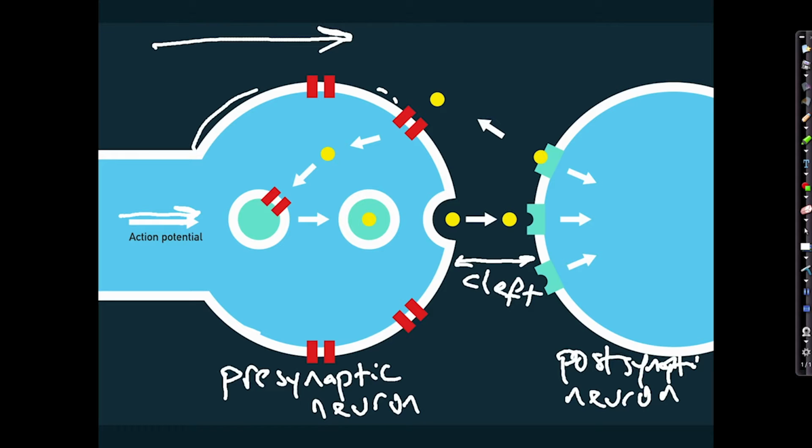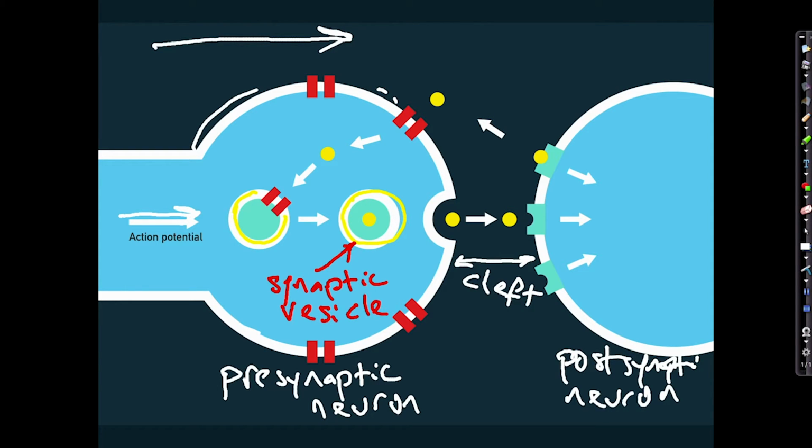Now there are a few other components here that we need to talk about. You will notice I've got these little circles. I'm going to do this in red, why not? These are called synaptic vesicles.